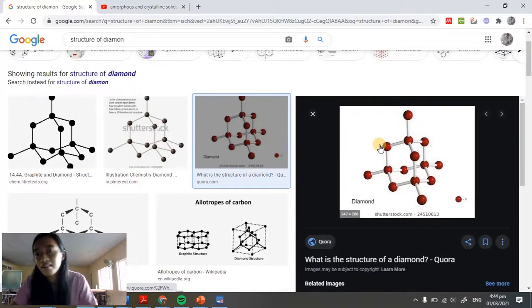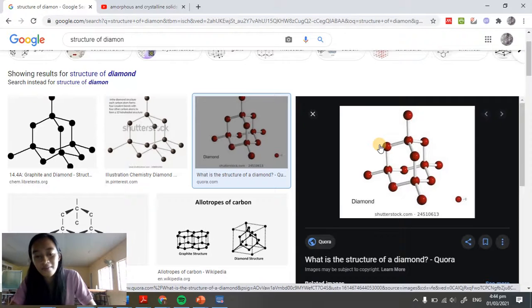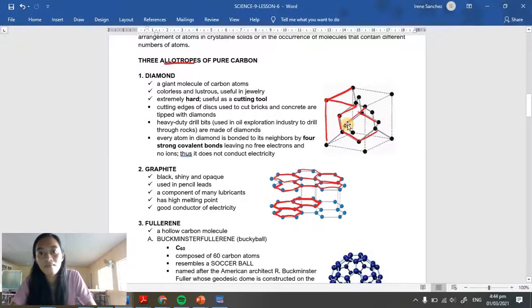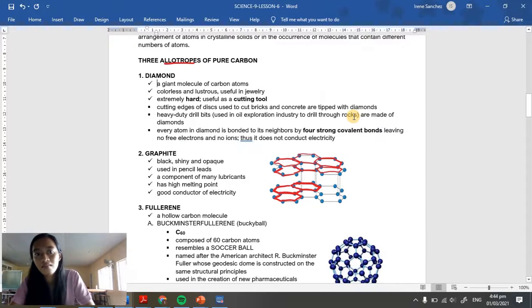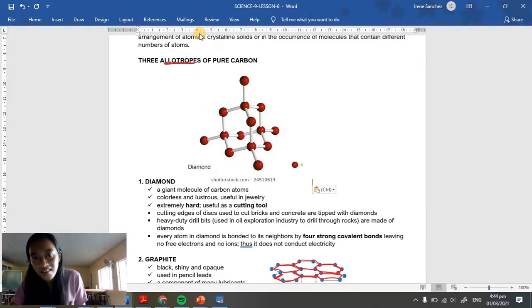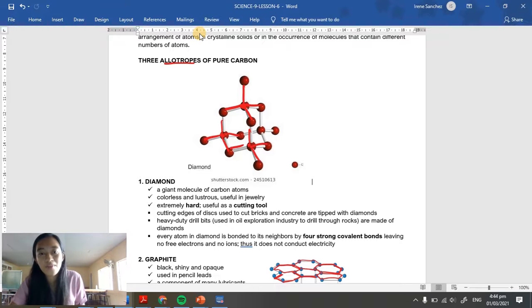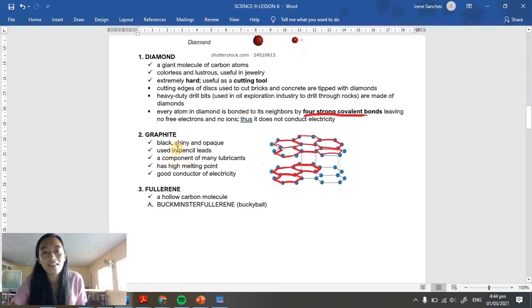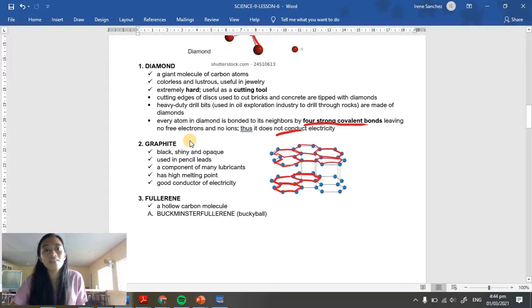Okay, here, this one carbon is bonded to four others. So now it has 4 bonds, 4 strong covalent bonds. Okay. Then it does not conduct electricity.